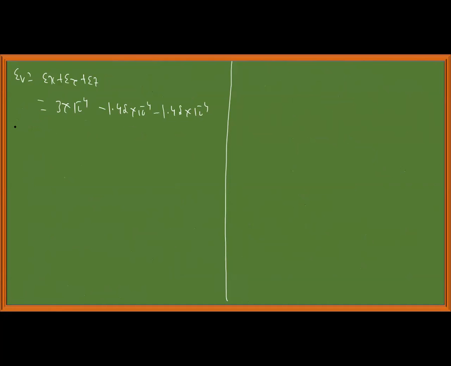Can you tell me what is epsilon v? 1.6 into 10 power minus 5, or shall I write 0.16 into 10 power minus 4?